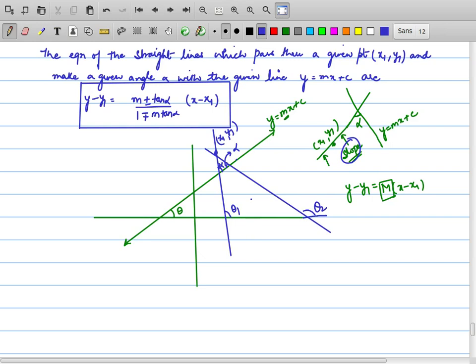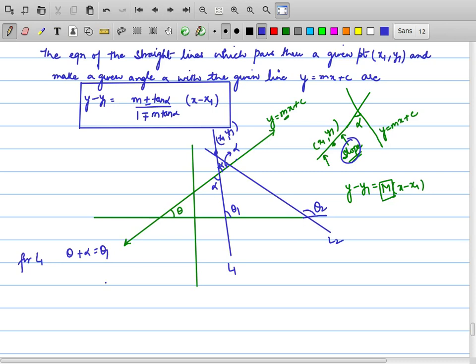So there are two possibilities for our line. There could be two equations of a line which pass through x1, y1 and make an angle of alpha with the given line. Now let's say this is line 1 and this is line 2. If we consider line 1, if this is alpha, this angle is also alpha. Therefore what do we get? For line 1, theta plus alpha is equal to theta 1.